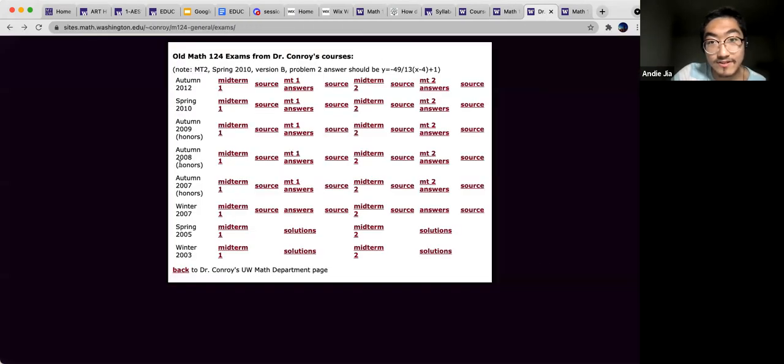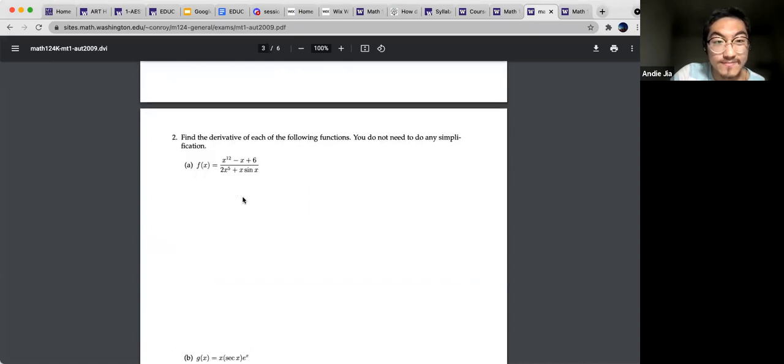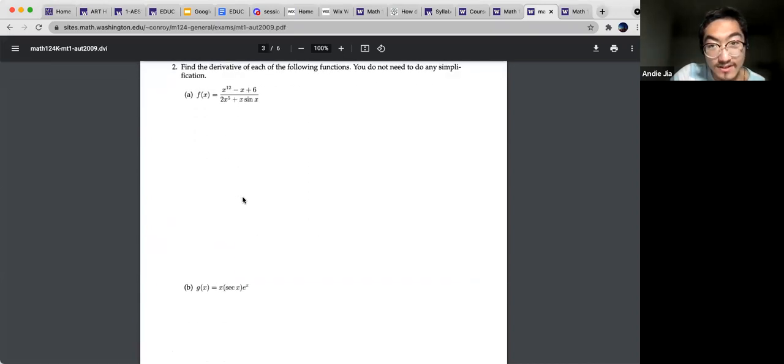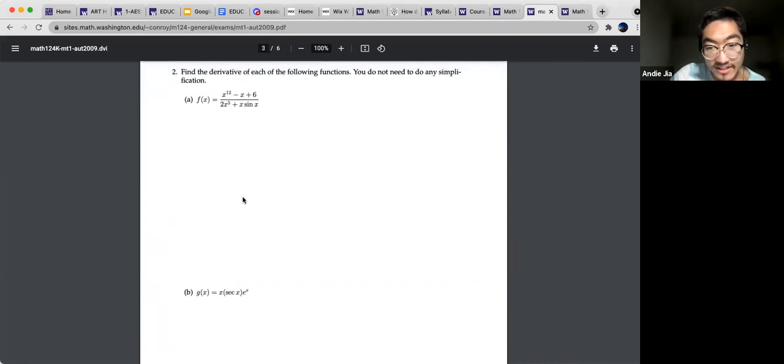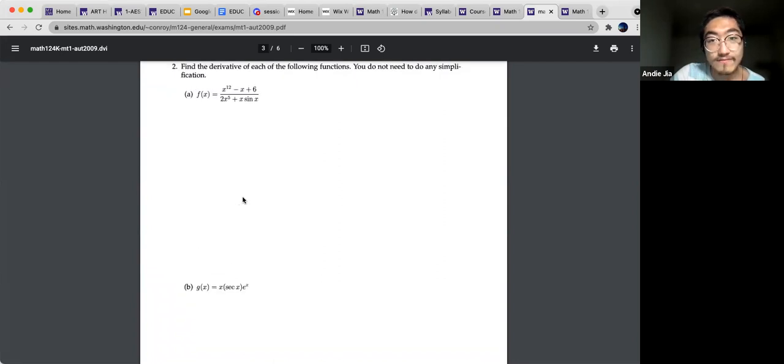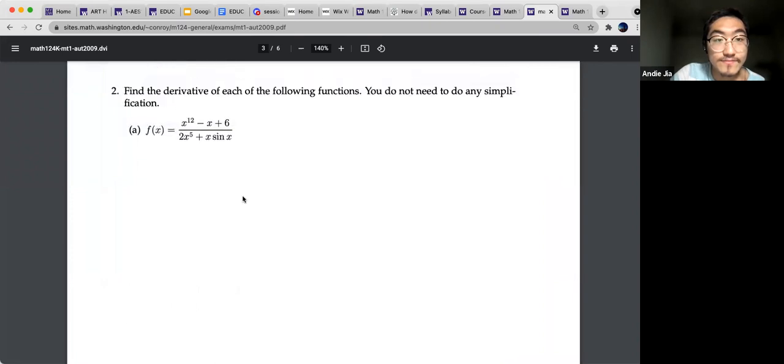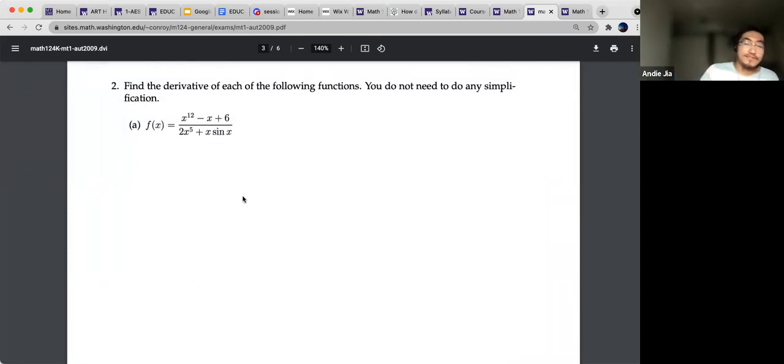I need to find it. Okay, here. Compute the derivative. For this one, what rule do you need to use? Quotient rule or product rule?